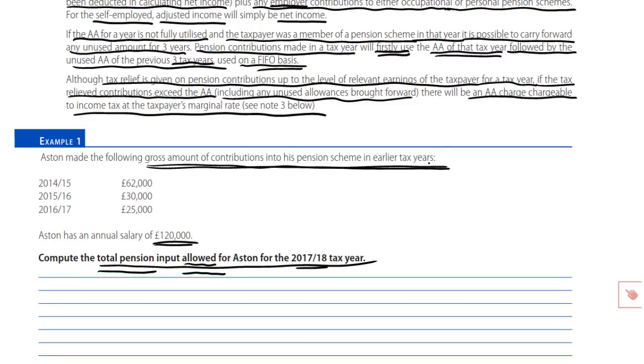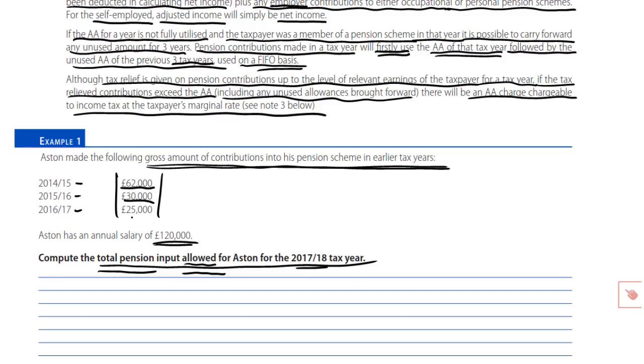We've got to go back over the previous 3 years, 16-17, 15-16, 14-15, and see whether any unused allowance exists in those years by comparing the contributions made, there they are, with the annual allowance limit for each year of 40,000. Quite clearly, where there was 62,000, there would have been, again, no unused allowance.